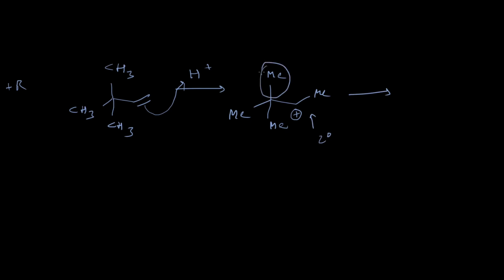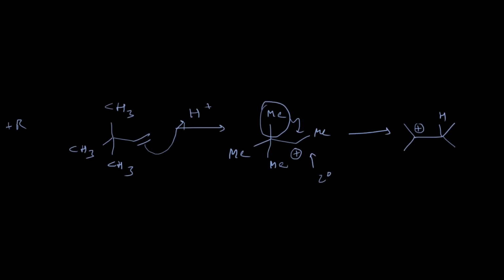So obviously there will be a 1,2 methyl shift, which will result in a more stable carbocationic species. So this is another example which is occurring inside an unsaturated hydrocarbon.